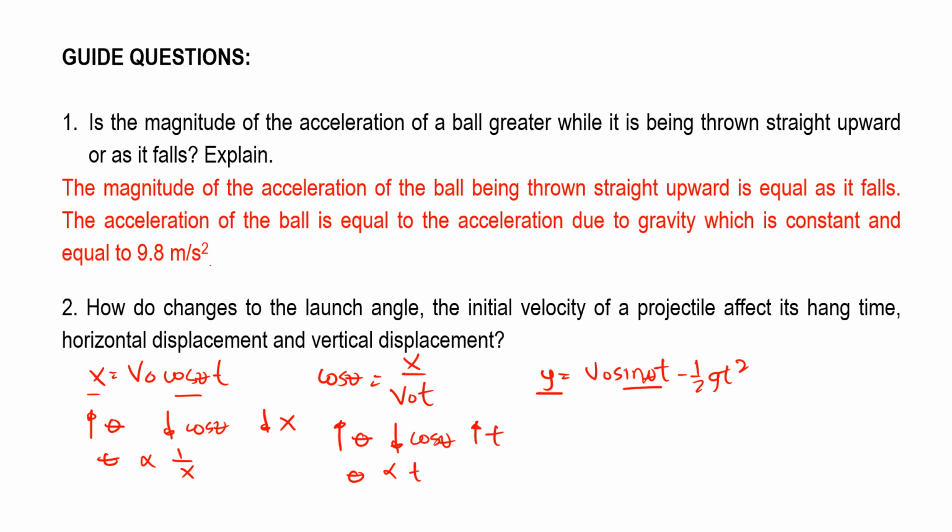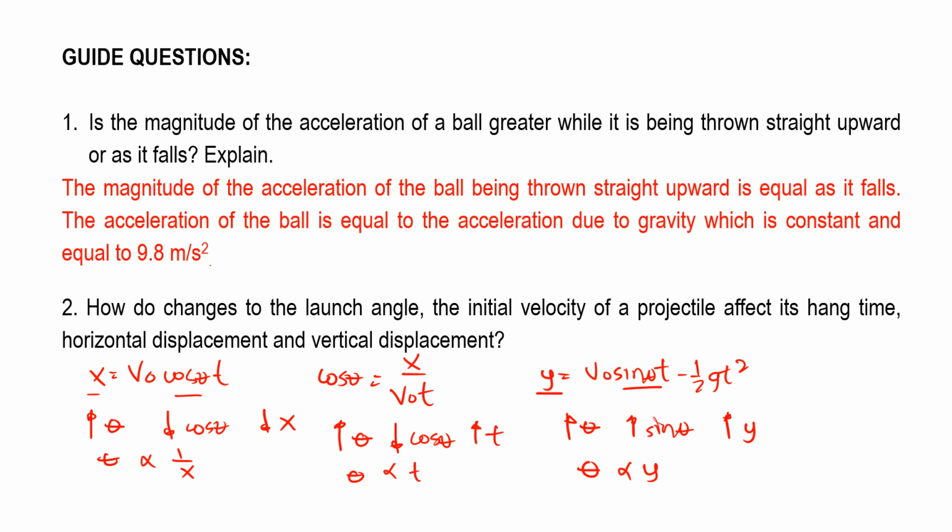So in this case, if we increase the value of the angle, what will happen to the sine theta is it will also increase. And then what will happen to the y is there will also be an increase in the vertical displacement. So therefore, we can say that an increase in the angle will also increase the value of the vertical displacement. So they are directly proportional.